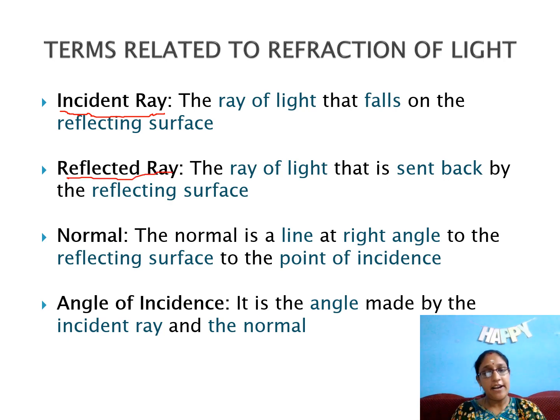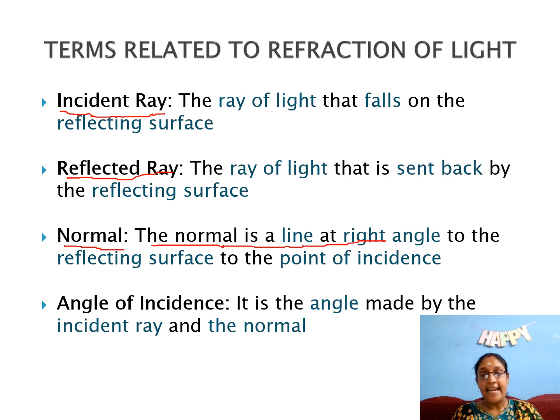Next is your reflected ray. What is a reflected ray? A ray of light that is sent back from the reflecting surface. Once the incident ray reaches the surface, it reflects back. Next is your normal ray. The normal ray is a line at right angle to the reflecting surface at the point of incidence.